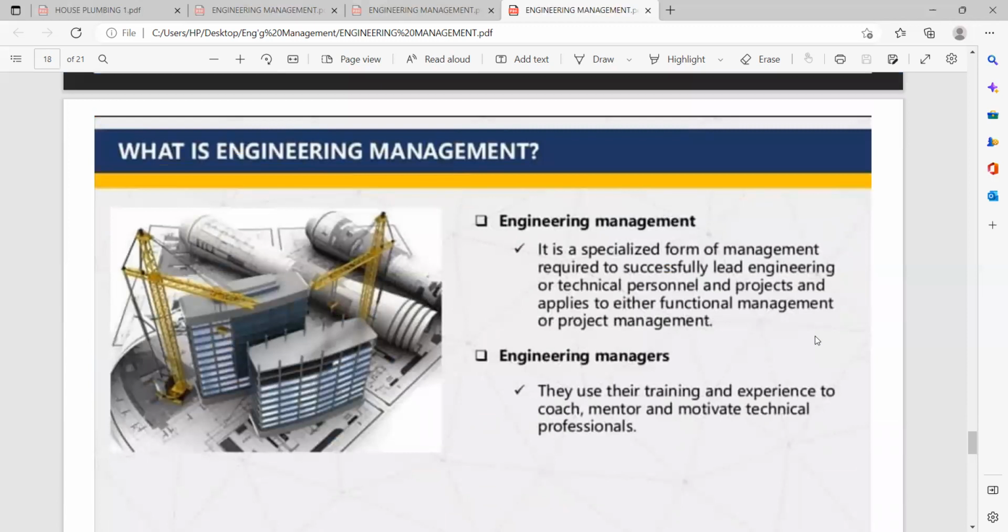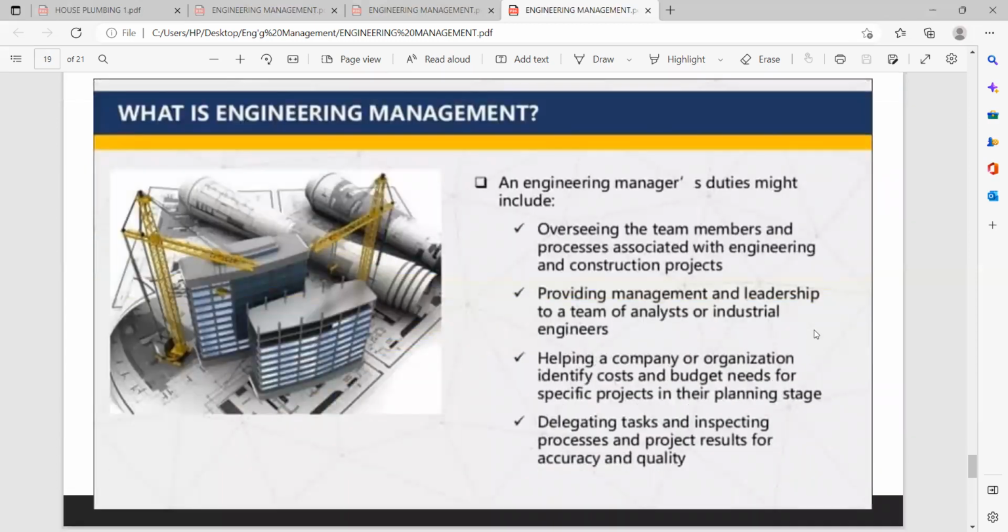Okay, next, what is engineering management? It is a specialized form of management which is required to successfully lead engineering or technical personnel and projects, and applies to either functional management or project management. So sa engineering managers naman, they use their training and experience to coach, mentor, and motivate technical professionals.